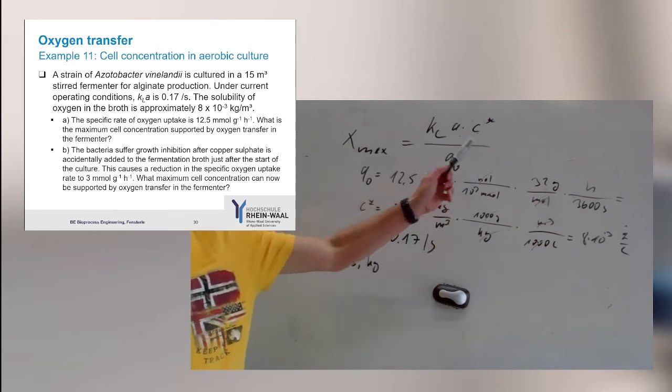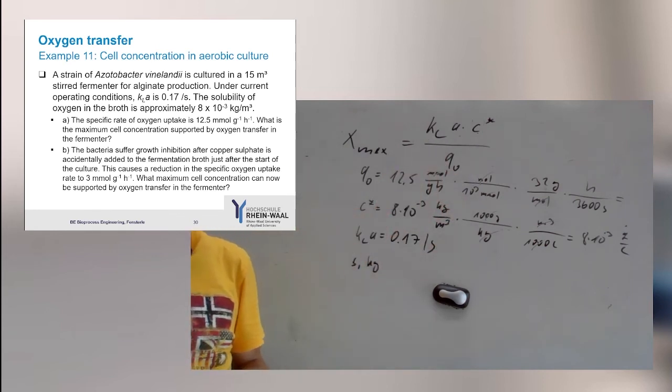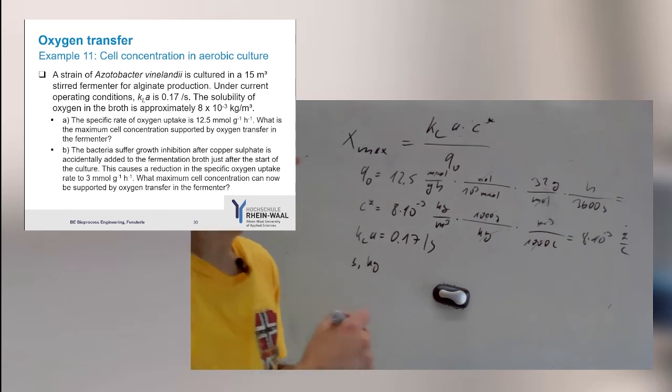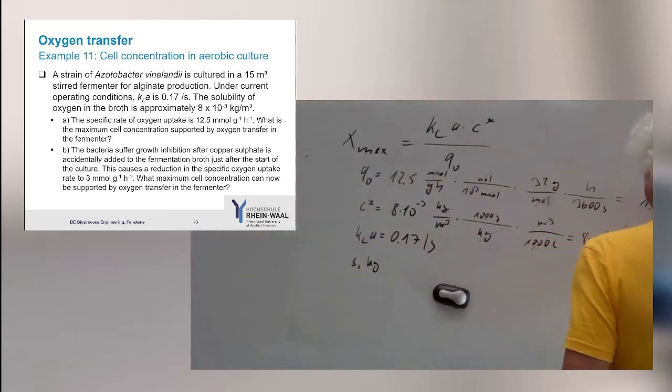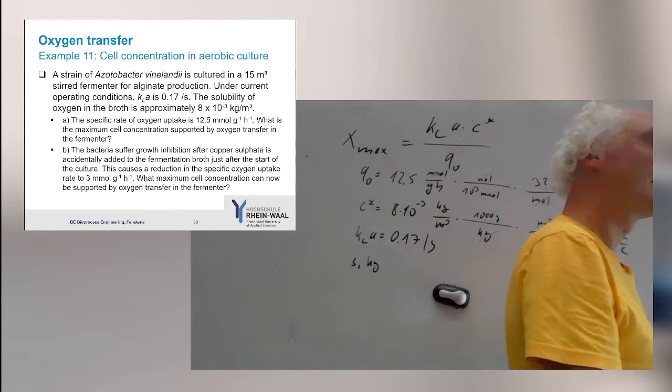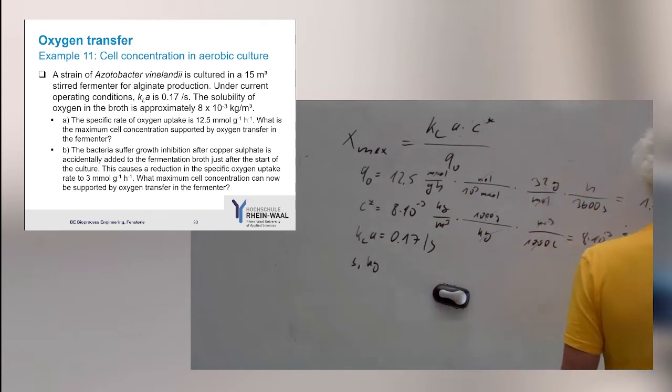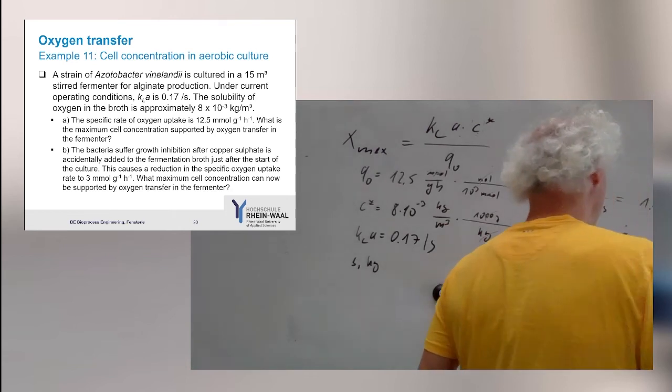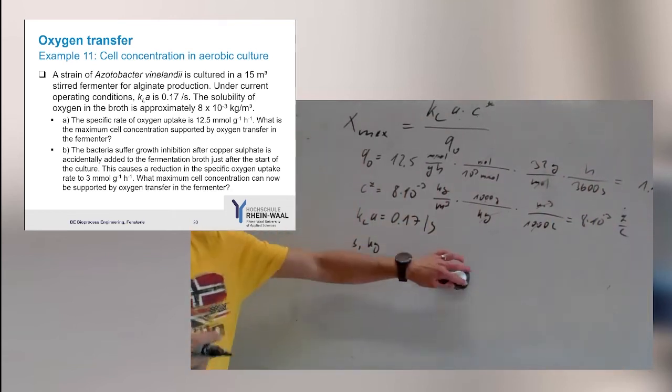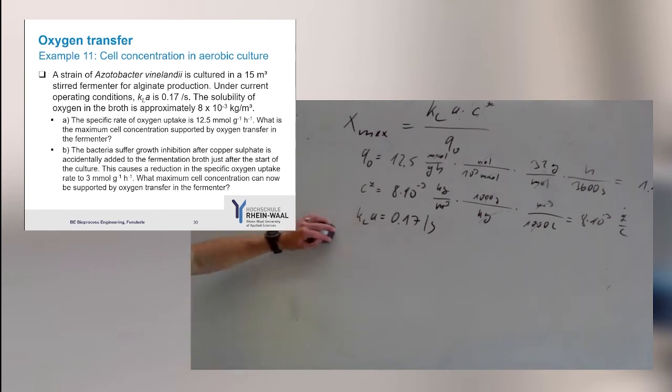Okay, calculation. 1.1 times 10 to the power of minus 4, and the unit, as we said, is grams per second. I didn't calculate it myself, so I trust you.